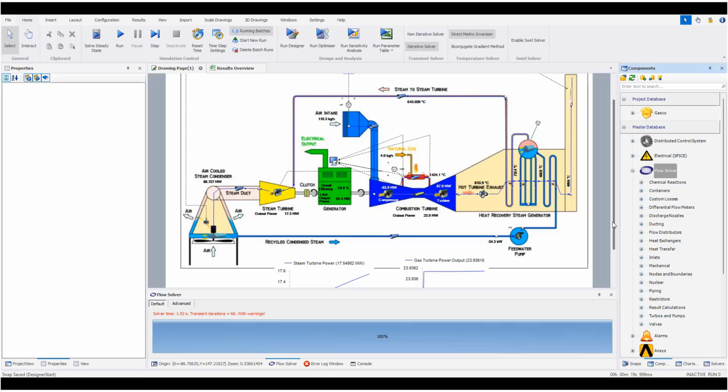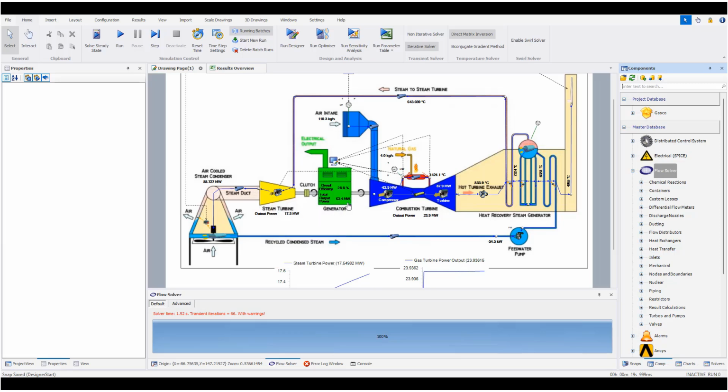The power plant is a combined cycle. It means that we have a gas turbine and a steam turbine, and we have a heat recovery system using the boiler to make steam from the water and send the steam out to the steam turbine.